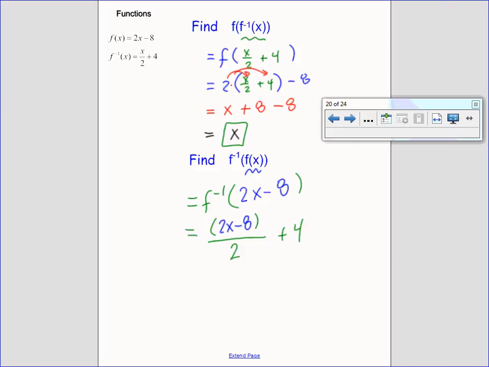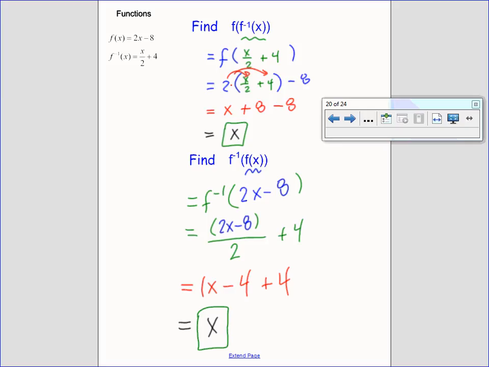In the fraction, 2x minus 8 all over 2, what quantity on top is being divided by 2? The x term or the 8 term? Both. That's why we have the fraction bar. And so if I want to break this up, 2x divided by 2 is 1x. Minus 8 divided by 2 is minus 4. And then I still have plus 4 chilling on the backside, which means that, lo and behold, either order of composition of a function and its inverse results in the original input x.